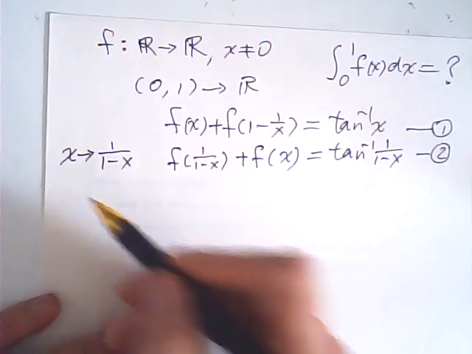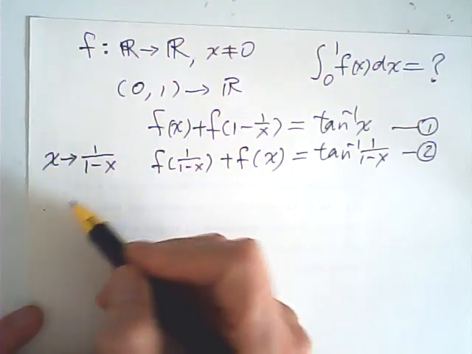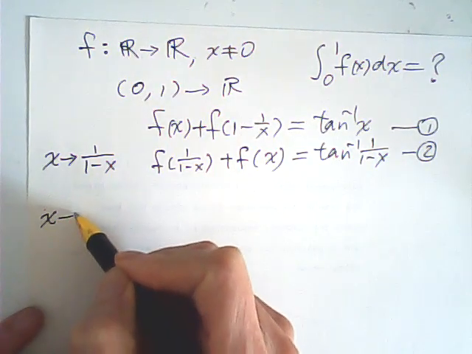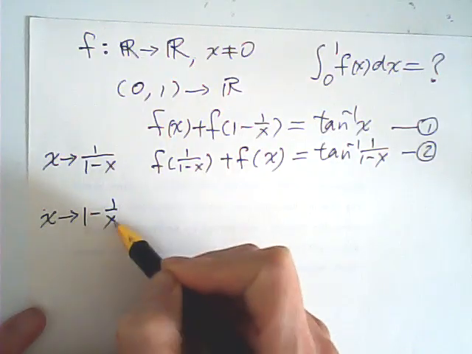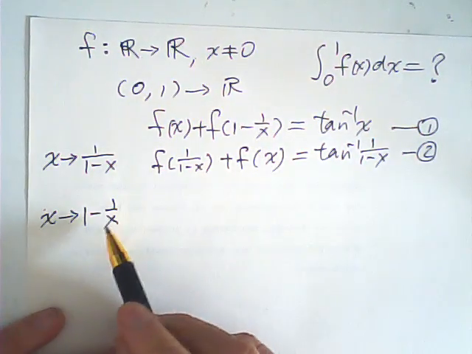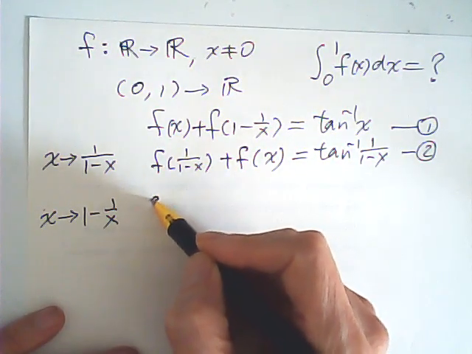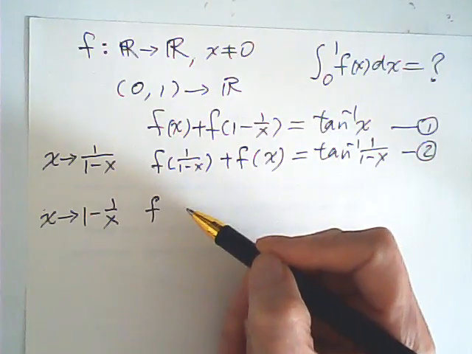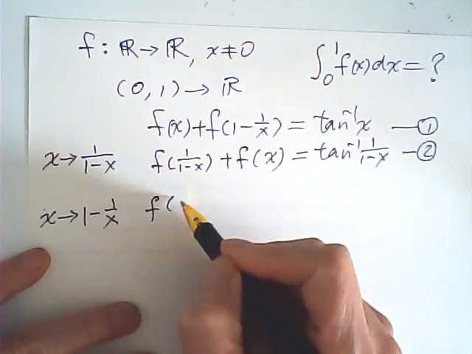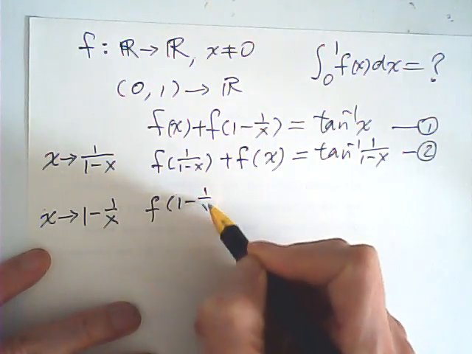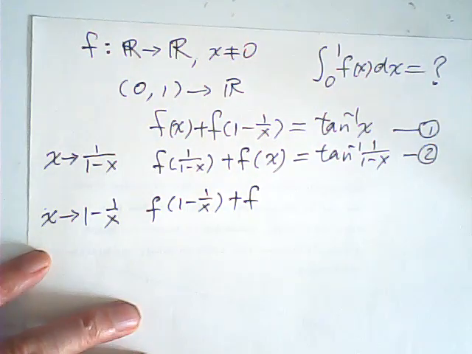Now, I create another functional equation by replacing x by 1 minus 1 over x. x is not 0, right? That's there. Then we have a new functional equation, which is f of 1 minus 1 over x plus f. This I have to work out again.